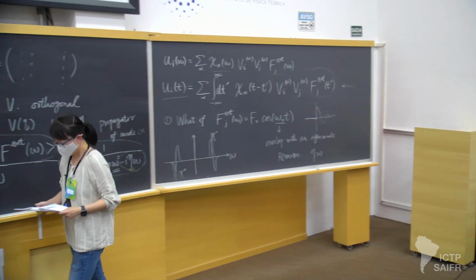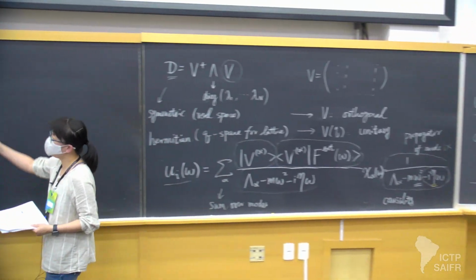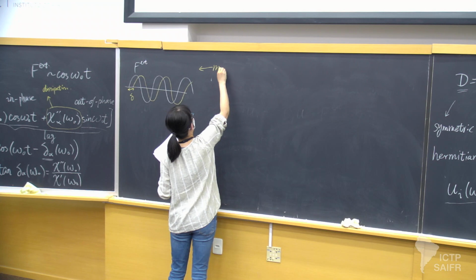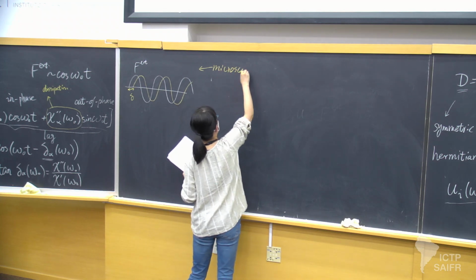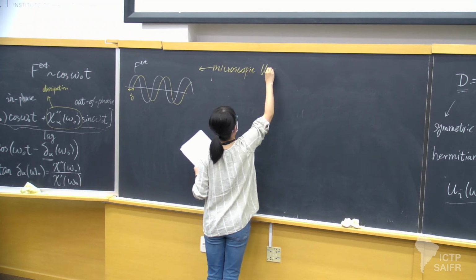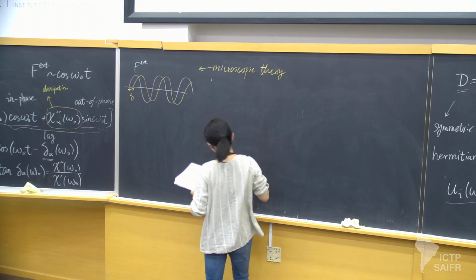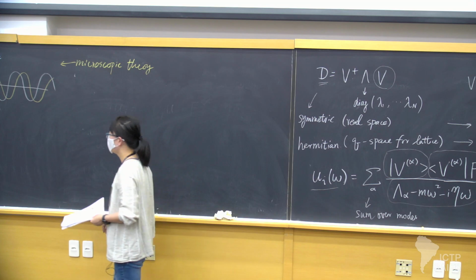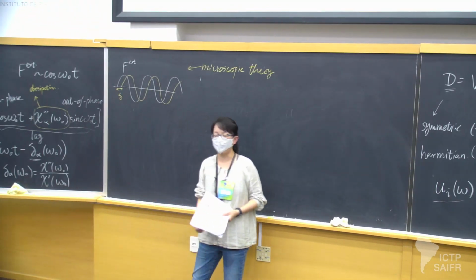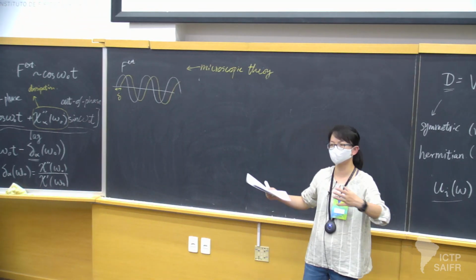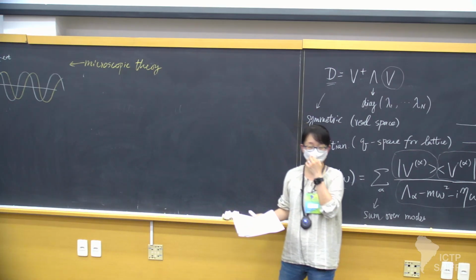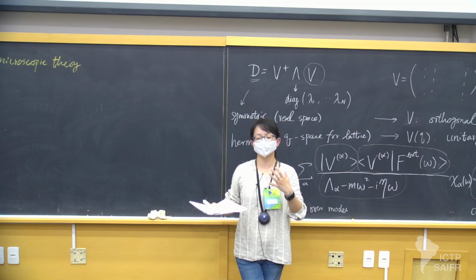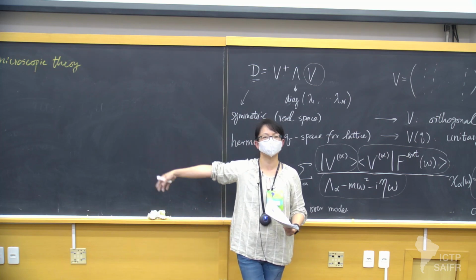Okay, so so far what we talked about all are microscopic theory, right? Where we assume there is some kind of microscopic level network, and we ask if there is a time-dependent force on it, what is the response? And the calculation here tells us that if you know all of the eigenmodes, you can exactly calculate it.